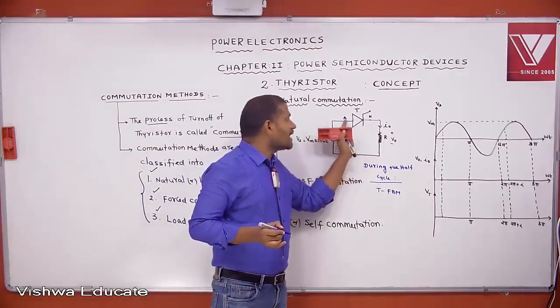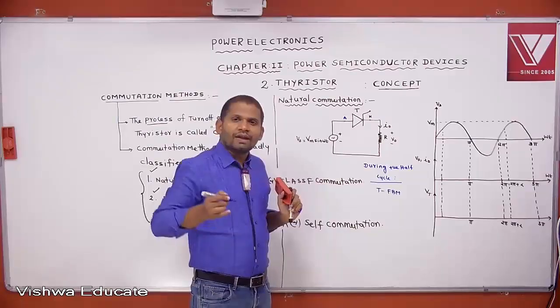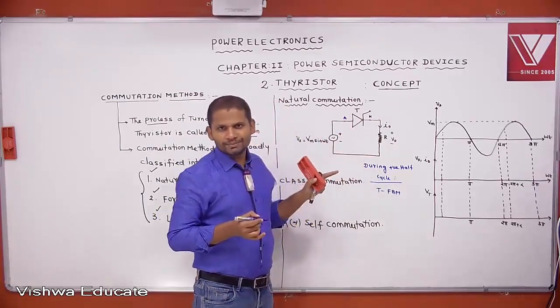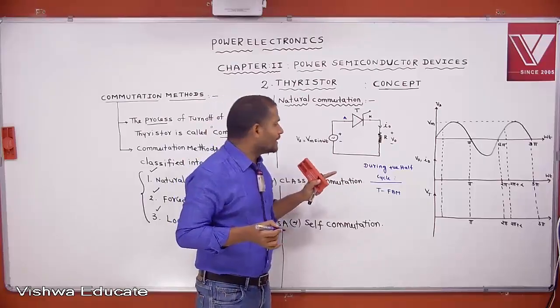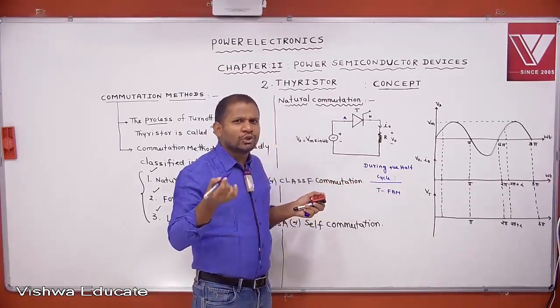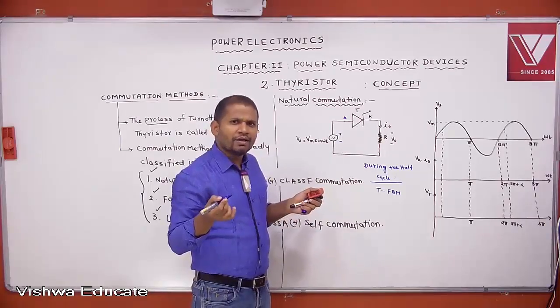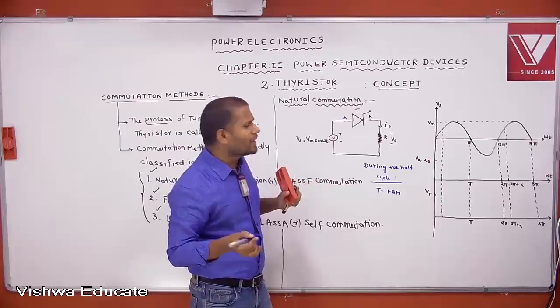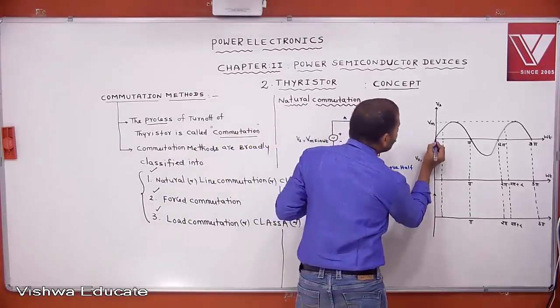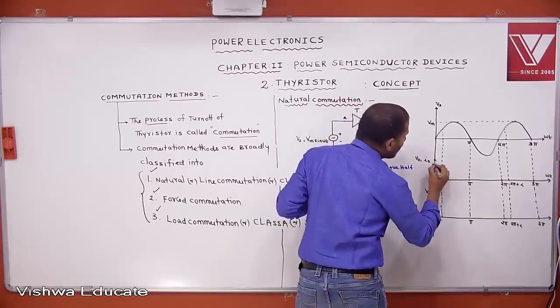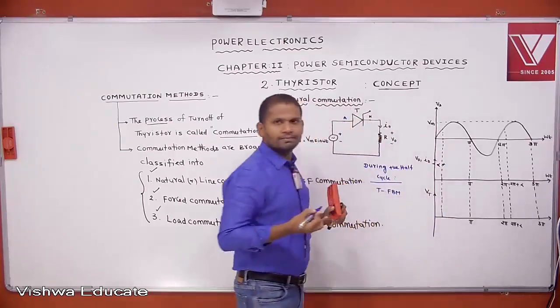The thyristor starts conduction only when a triggering pulse is given. Let it be at omega t equal to alpha. We can even trigger at omega t equal to 0, but for analysis purposes, let us assume I am not triggering at omega t equal to 0. We give the triggering pulse at omega t equal to alpha.